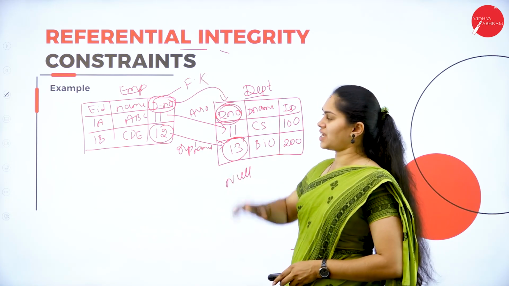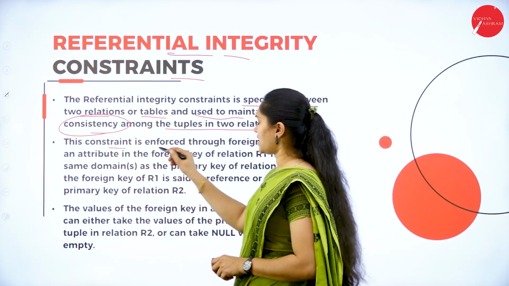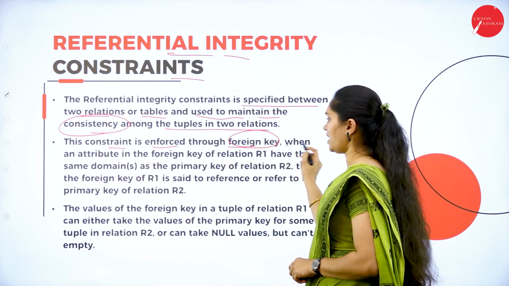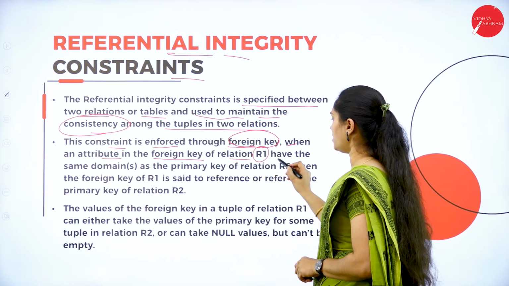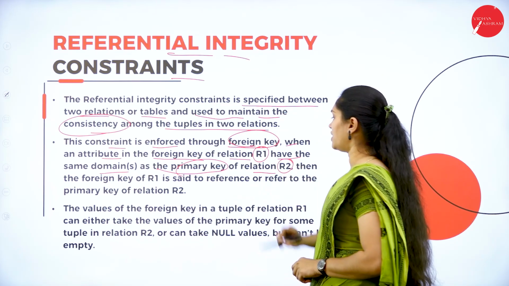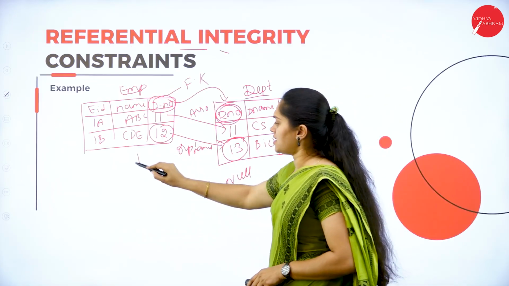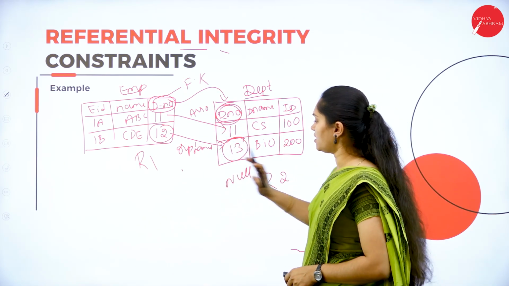That is what the referential integrity constraint is. Now you read it, and you can understand. This constraint is enforced through a foreign key, where an attribute in the foreign key of a relation R1 has the same domain as the primary key of the relation R2. You can see here, this is relation R1 and this is relation R2, that means table 1 and table 2.